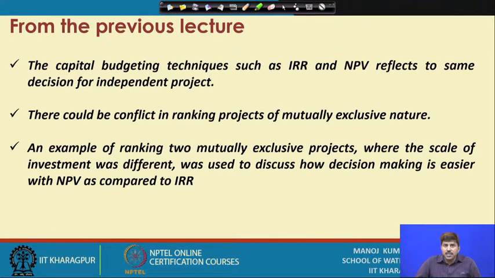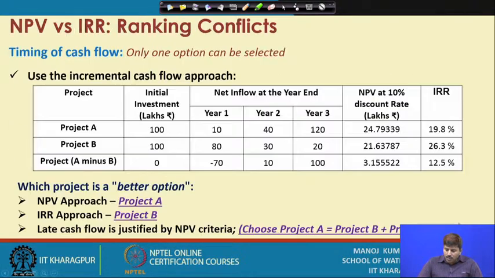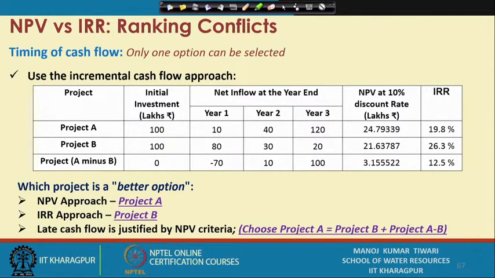We saw that the NPV and IRR criteria separately led to different conclusions, and eventually we discussed how decision making is relatively easier with net present value as compared to the internal rate of return. We will take a couple more examples today and see how these conflicting situations can be handled.